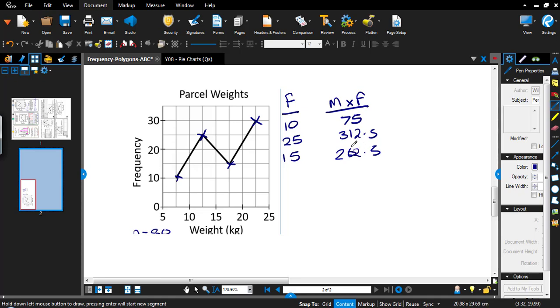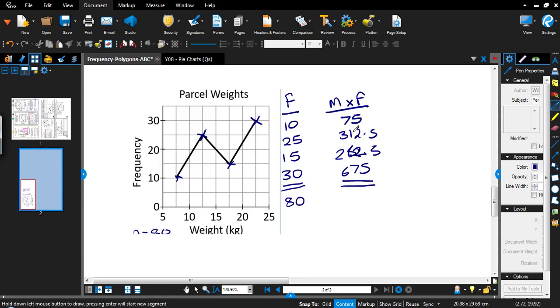And then finally, we have this. So 30 is the frequency, and 22.5 is the mid-class value. So you're going to have 22.5 times 30, and that should give you 675. So what we do then is we just add them all up. Over here you have 10 plus 25 is 35, plus 15 is 50, plus 30 is 80.